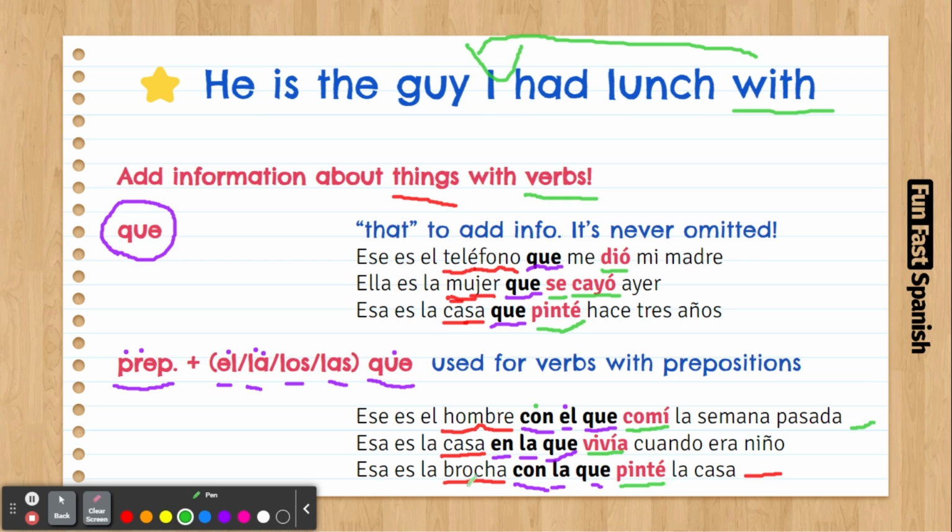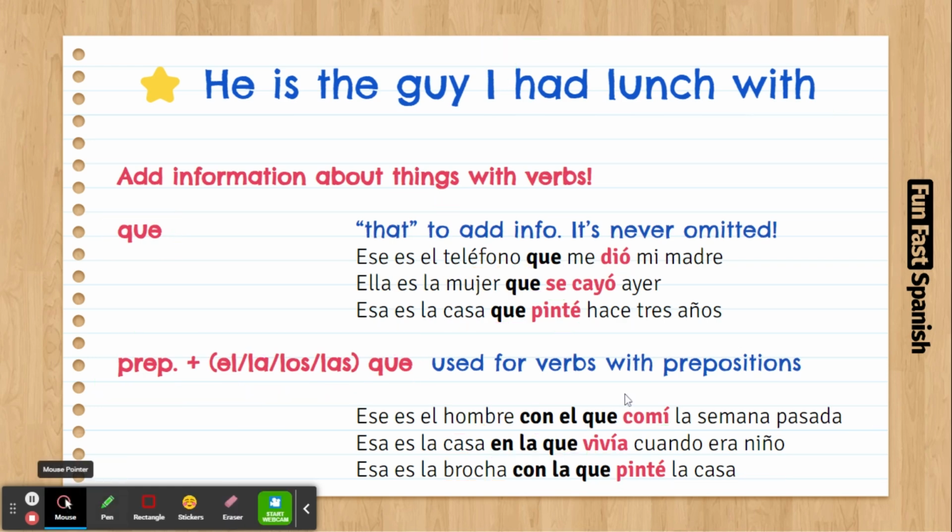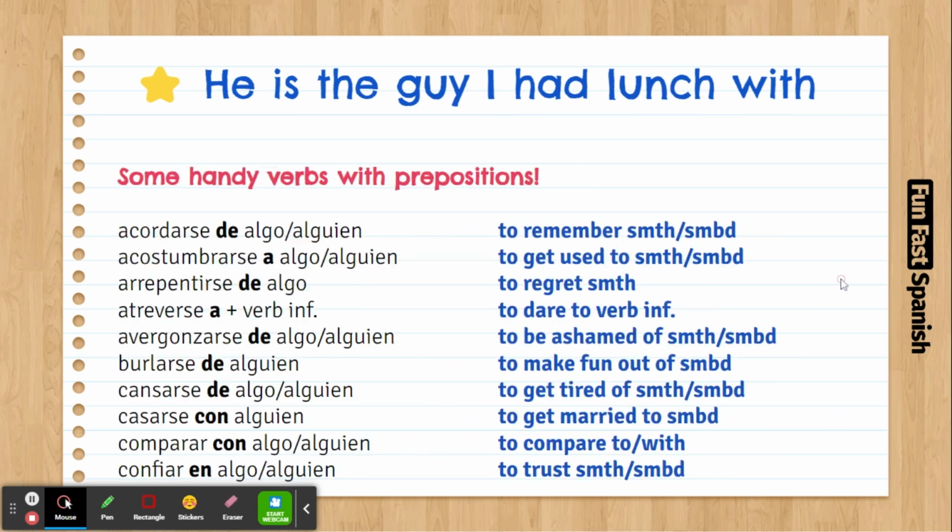Yeah. So remember, when we have verbs with prepositions, you need to use this structure here. First the preposition, then the article, and then the word que. And then you can add the information. Yeah. So let's have a look at some verbs with prepositions so you can use them in new sentences.